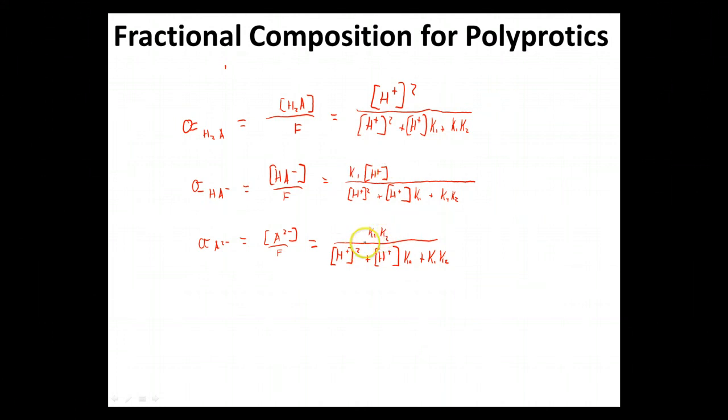Now this pattern that you're probably starting to spot there actually is general. So if we had, instead of a diprotic, a triprotic, or even a tetraprotic, or a hexaprotic acid, we could follow through these patterns and come up with the system of equations we need for that.